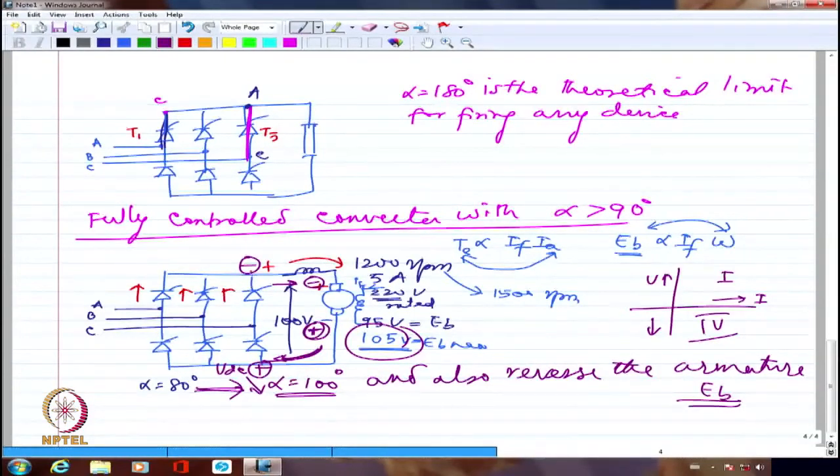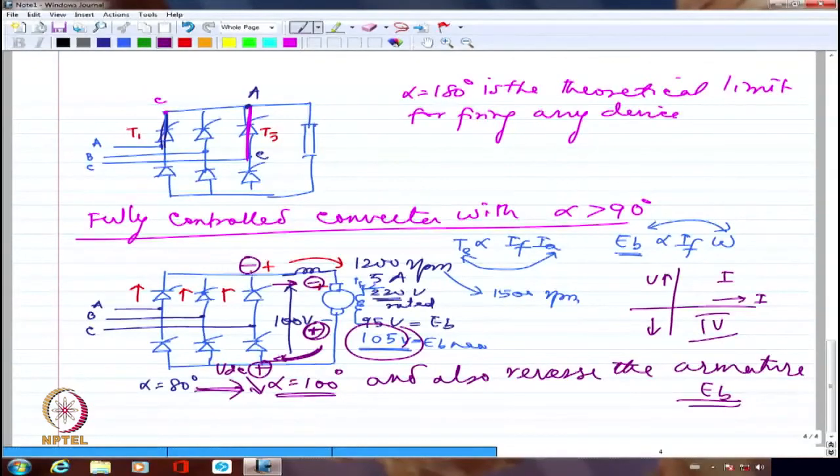Typically in electric vehicles, we will never use this kind of converter where regeneration cannot happen. Especially in stop and go traffic, you will stop every now and then, and you want to regenerate that power and maximize the battery going for longer.